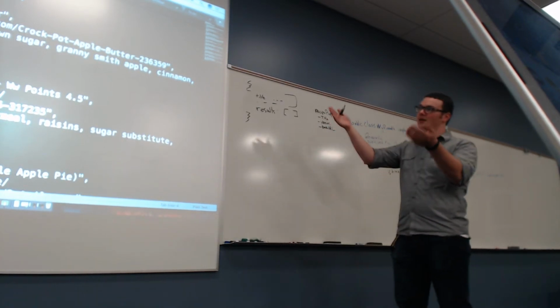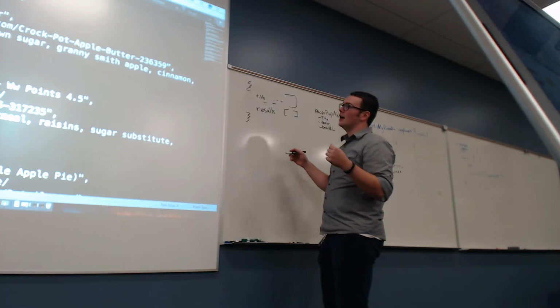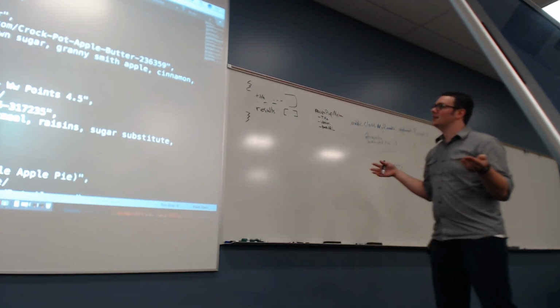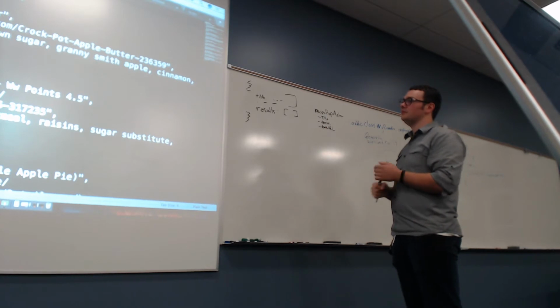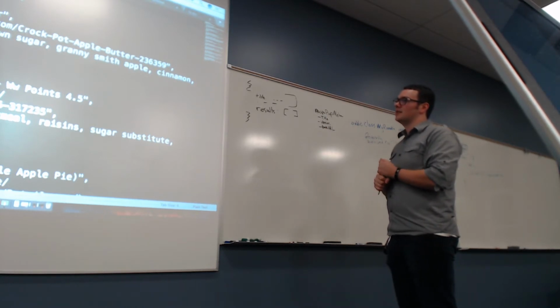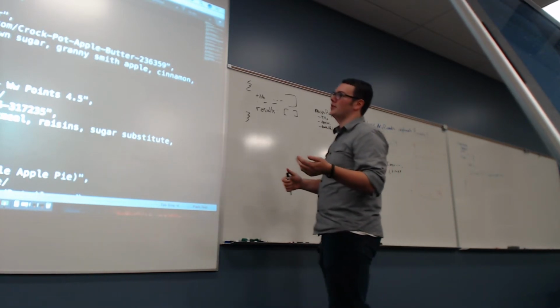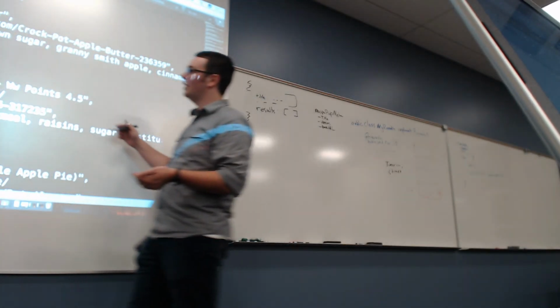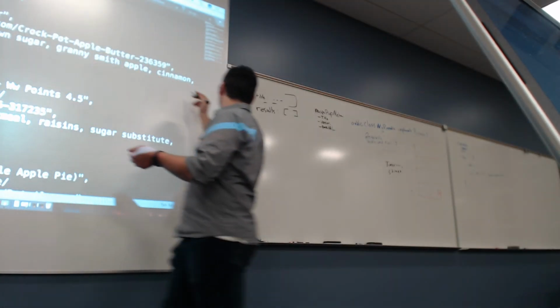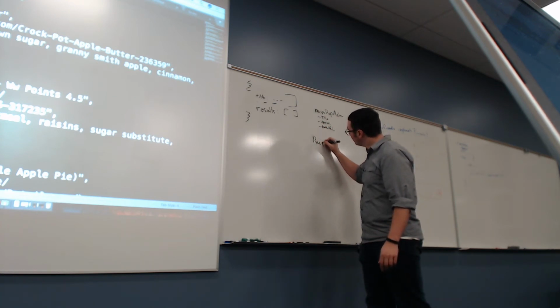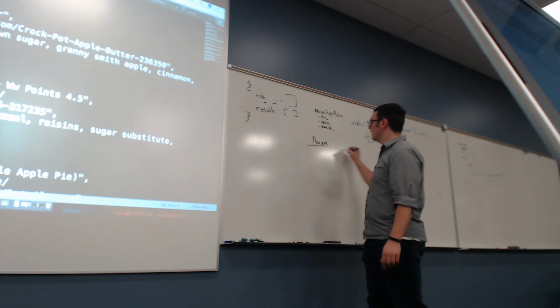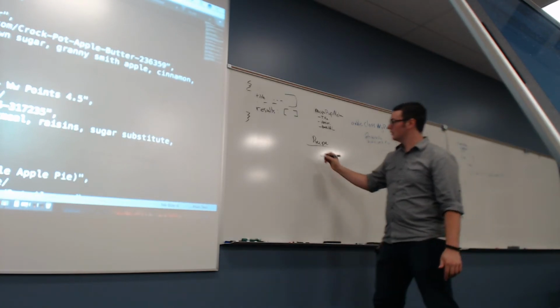I literally just pick what's in there. And then the thing that I'm actually interested in is the results. So I'm just going to do it in reverse. But basically, from here, you'd have a recipe. Okay, and that recipe has a title.